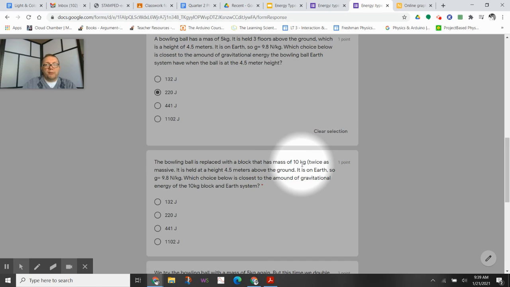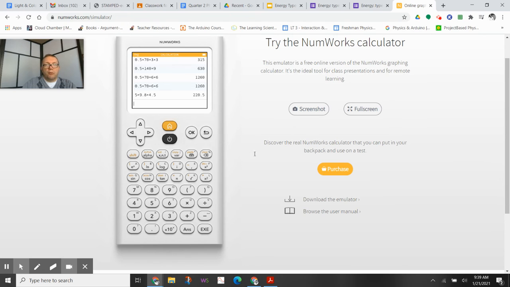So now we have a mass of 10 kilograms, same height, 4.5, same planet, Earth, same G, 9.8. So now going over here, I would say M times G times H. Mass is 10 kilograms. G is the gravitational field of the Earth, which is 9.8 newtons per kilogram. And then the height is the same thing, 4.5 meters.